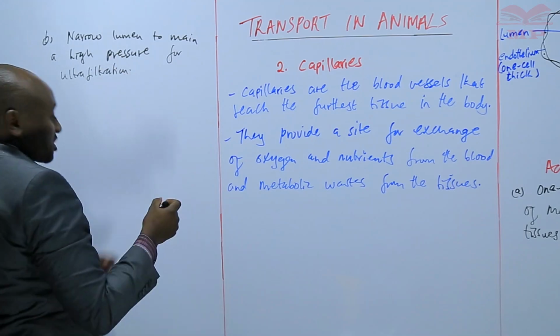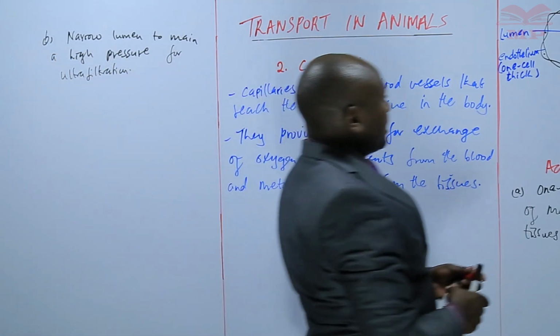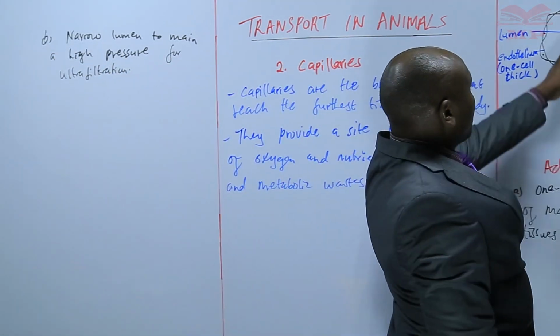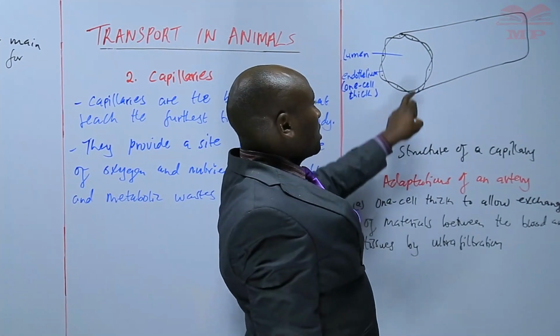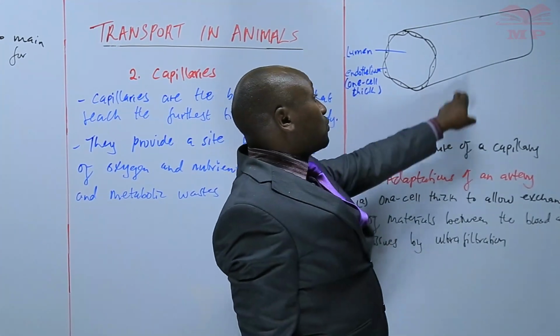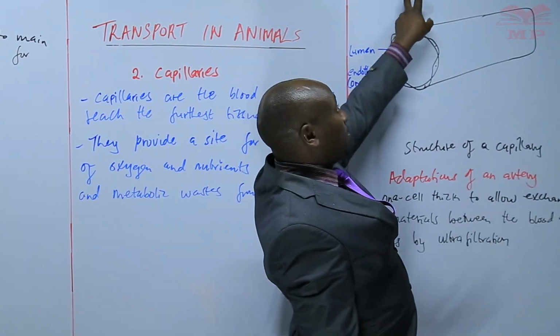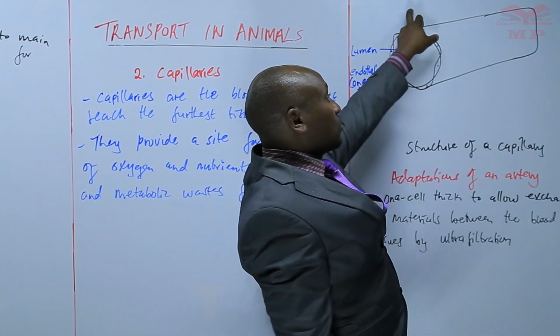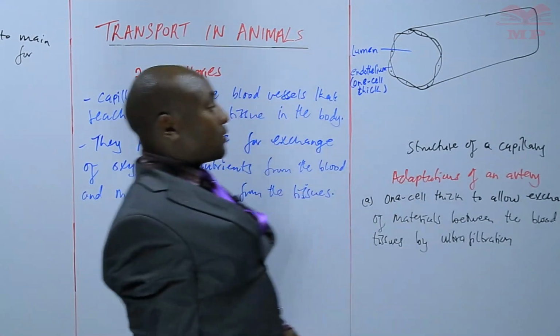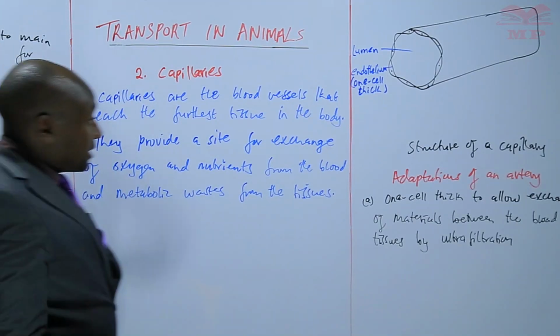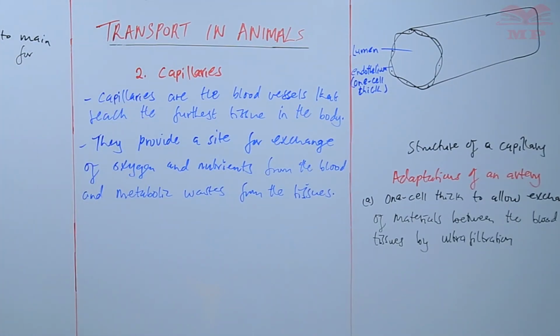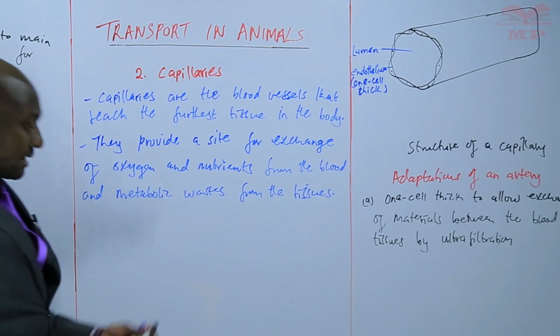So that high pressure that is built up at the capillary is the one that allows materials such as nutrients and oxygen to diffuse from the blood into the surrounding tissues, and metabolic wastes from the surrounding tissues to the capillary. So basically that is the structure of the capillary.